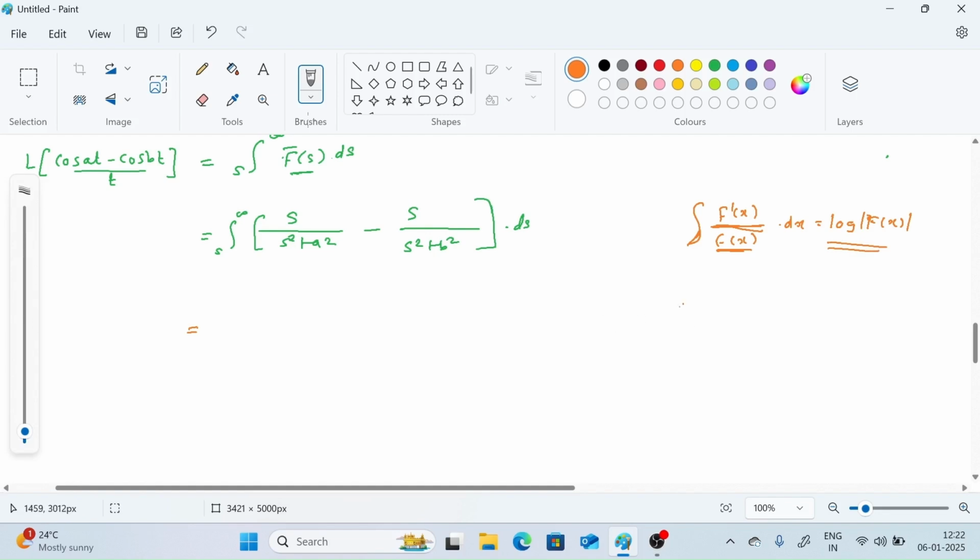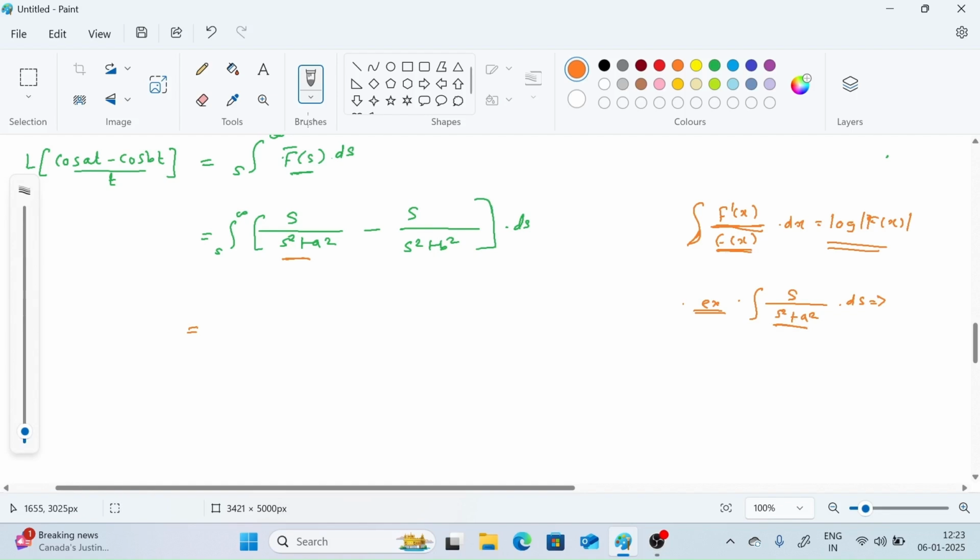So what will be the example? Let me take the example of this one only. So what can we do here? Suppose integration of s upon s square plus a square. This is the apex term. What is the apex term? S square plus a square.